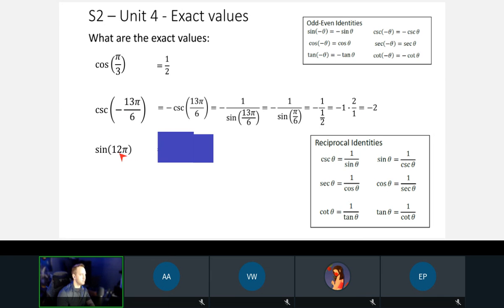We could just type this in and hit enter, or again, I can keep subtracting out 2 pi to get the coterminal angle until it is between 0 and 2 pi. And once it's between 0 and 2 pi, I'll be able to use the unit circle. So we get 0. Yep, Antonio, you are correct.